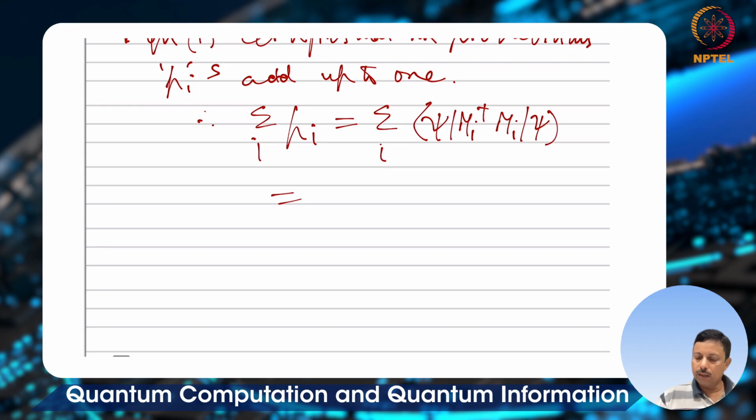I pull the summation over i inside, so this equals the identity, and therefore this adds up to 1, because the psi bracket will be 1 since it's a normalized state.